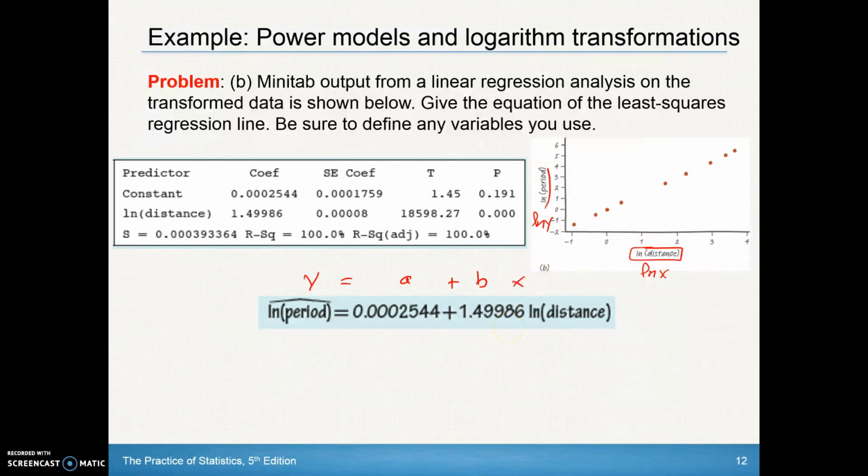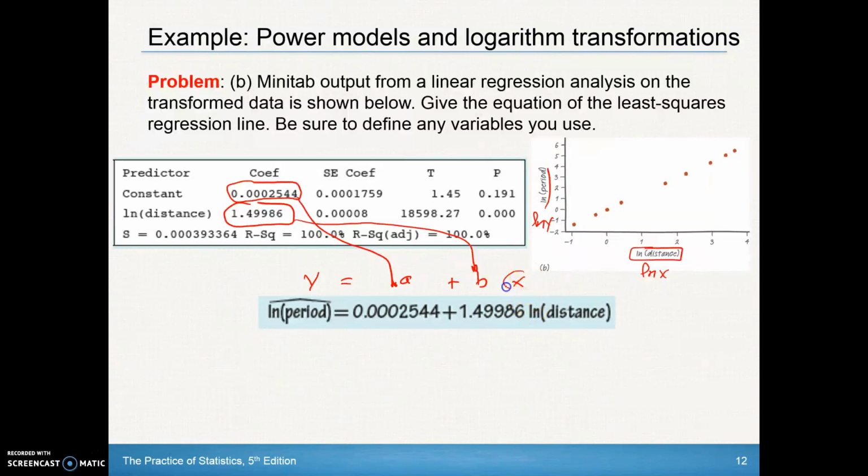So when we look at putting these values in, here's our a value. It's our constant, our coefficient constant. That's what goes in for our a value. Our b value is this value right here. That's our slope, the coefficient of our x variable.